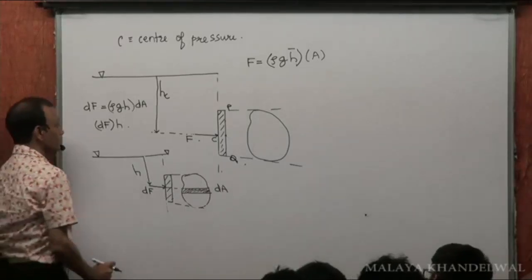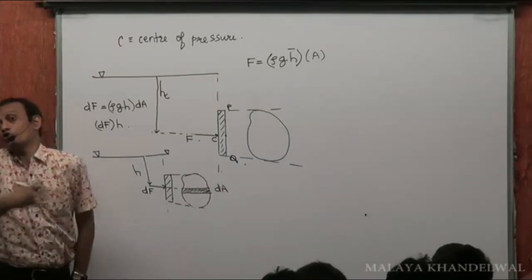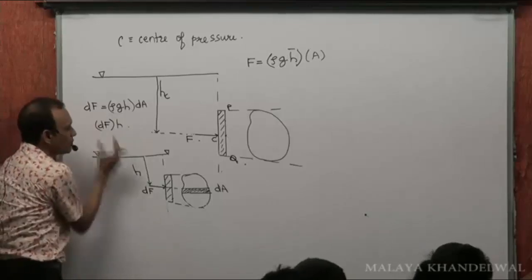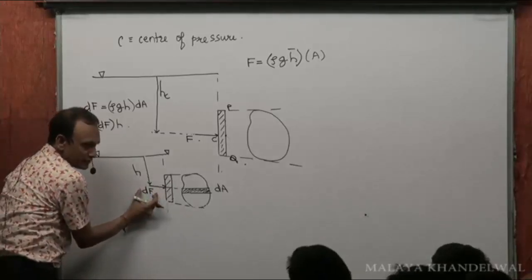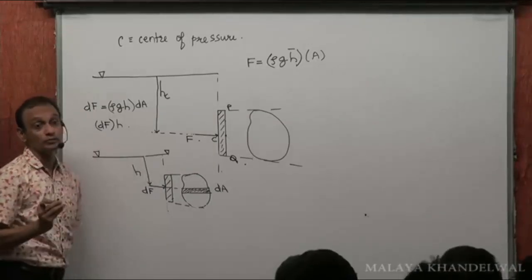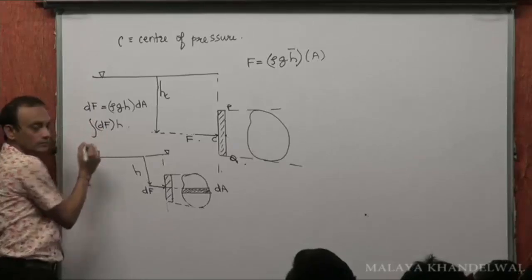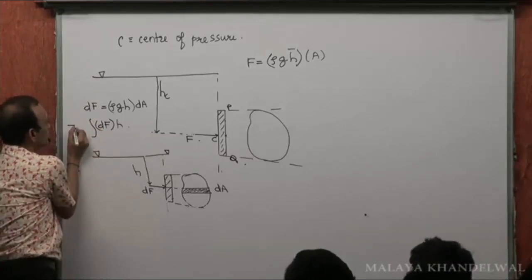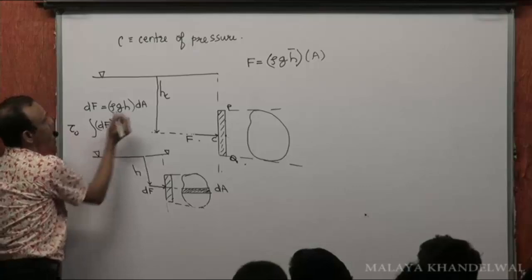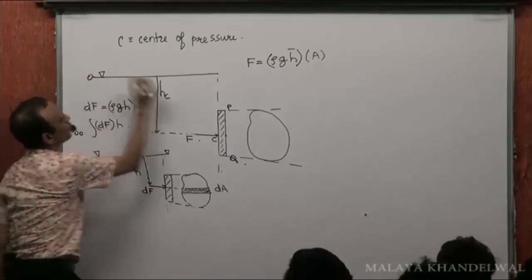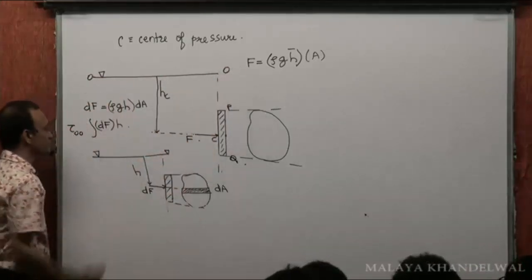Right? If I want to compute the total moment about the free surface, so this is the moment because of this dF about the free surface, then I will have to sum it up. This is the total moment about the free surface. Let me call it OO. OO is the free surface.